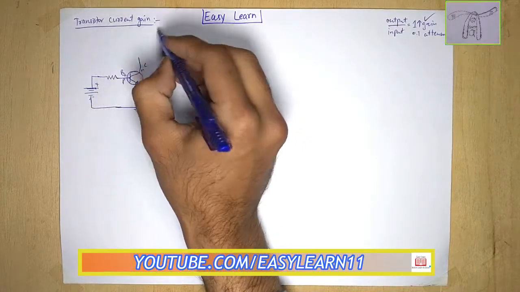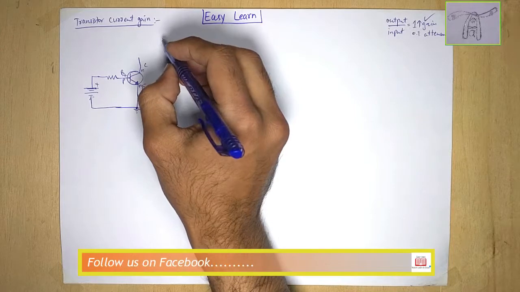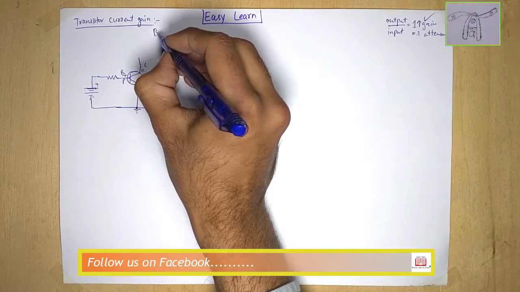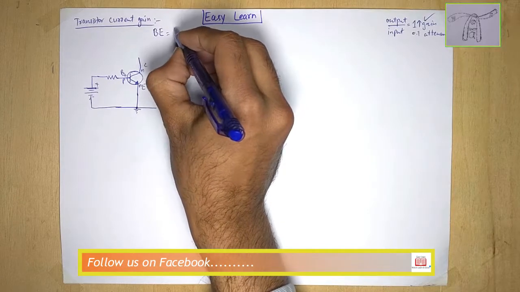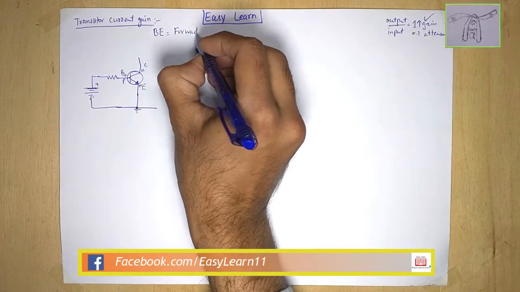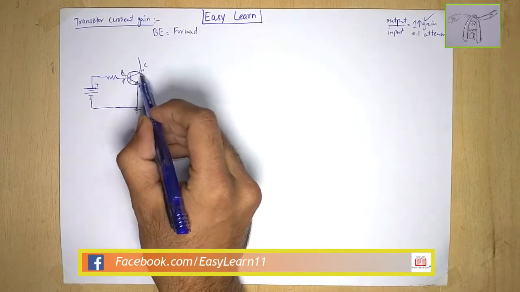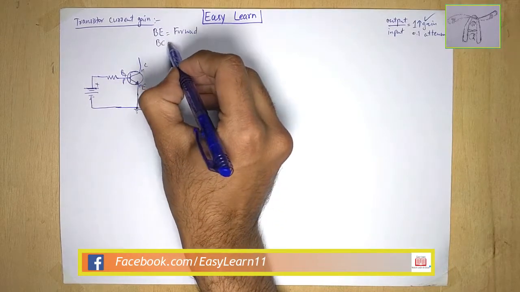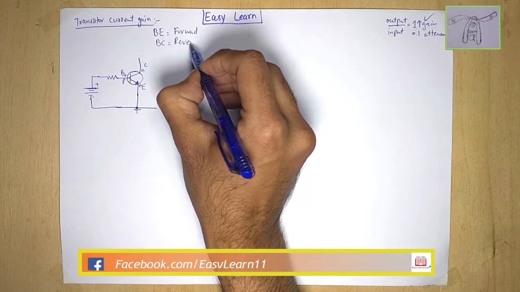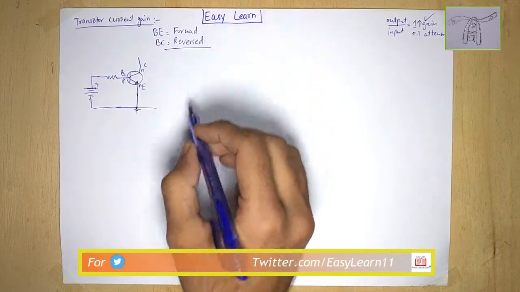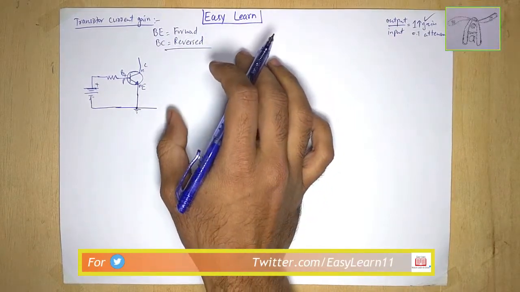Remember that in order to operate the transistor as an amplifier, as I already explained in the previous video, the base emitter junction must be forward biased, while the second, base collector junction must be in reverse bias. So these conditions must be fulfilled.